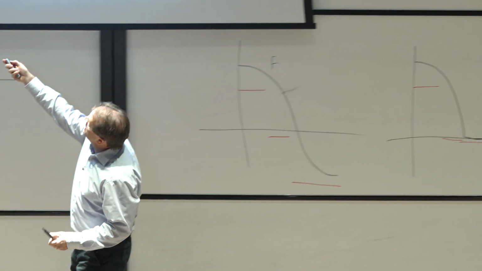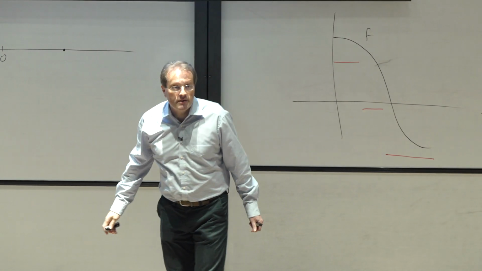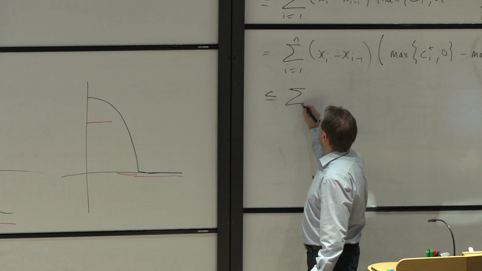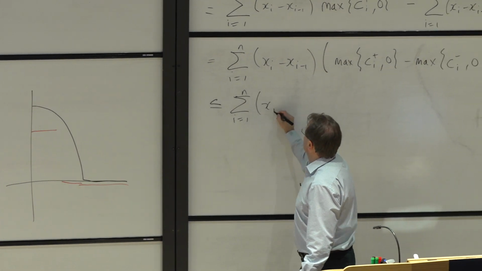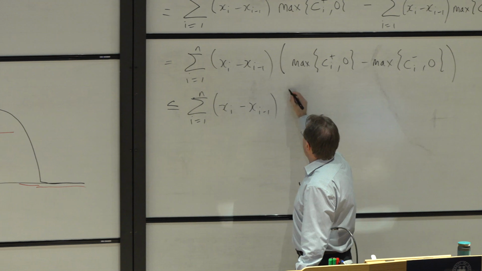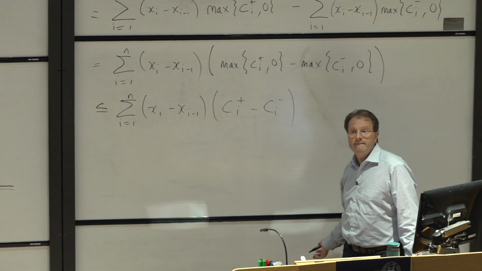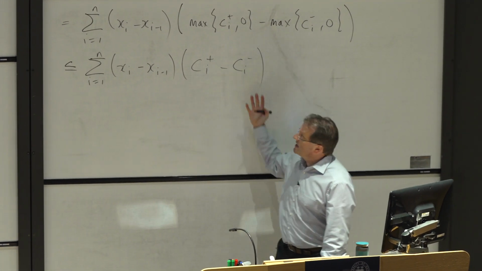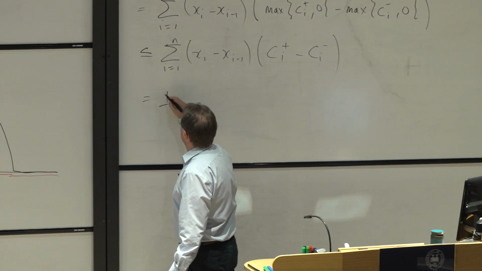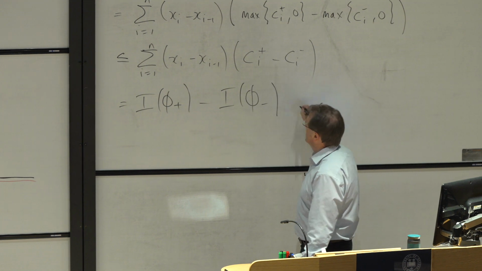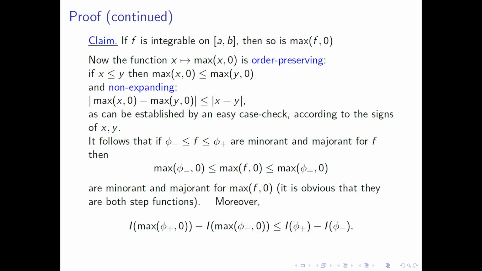And so by the non-expanding nature of that function, that is therefore less than or equal to ci plus minus ci minus. But this is clearly equal now to the integral of phi plus minus the integral of phi minus. And we're done. Okay? So that's just putting a little bit of flesh onto why this is true.